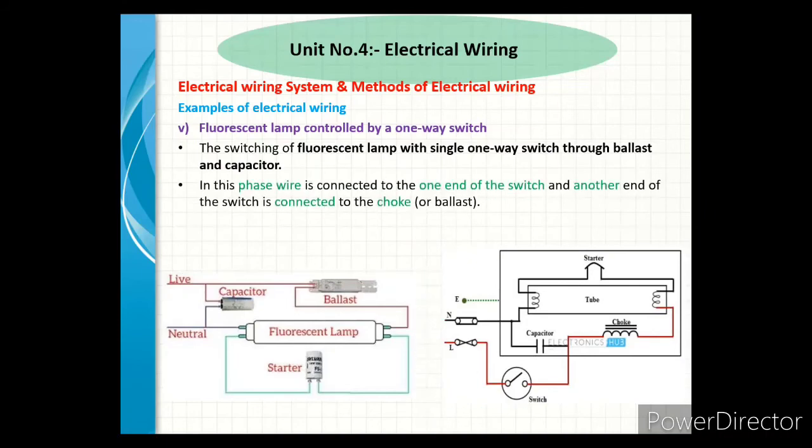In this, the phase wire is connected to one end of the switch and the other end of the switch is connected to the choke. One electrode of the lamp is connected to the choke and the other to the neutral terminal.